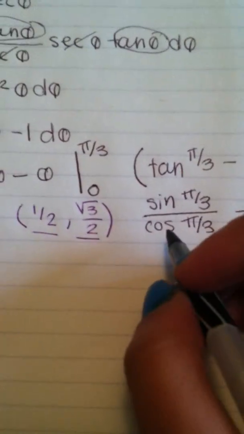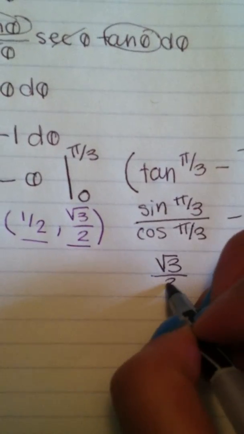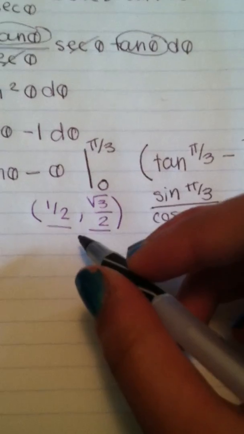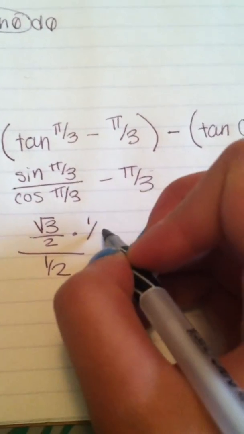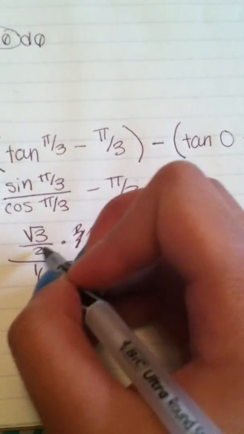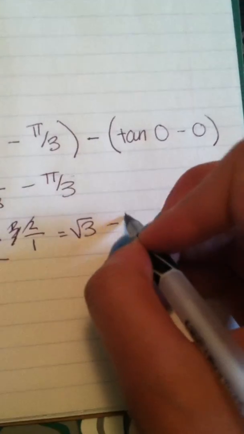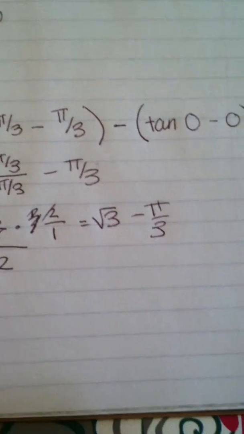So, writing that out, we see that the sine of pi over 3 is root 3 over 2, divided by the cosine of pi over 3, which is 1/2. And then you just, of course, multiply by the reciprocal, and then the 2's cancel out, and then you just have root 3 minus pi over 3.